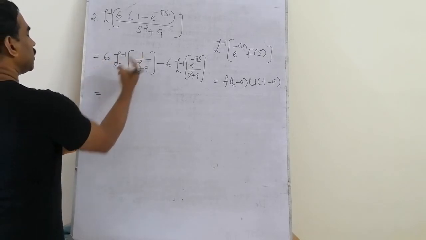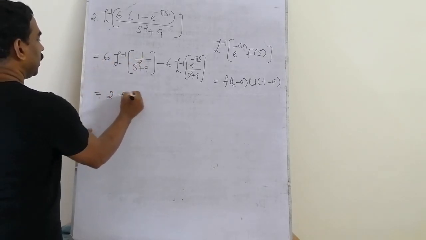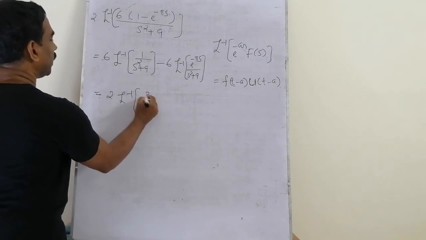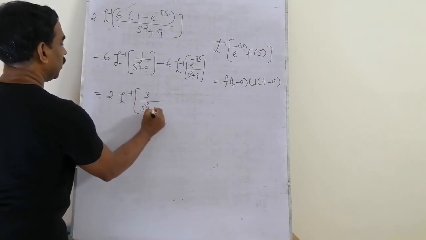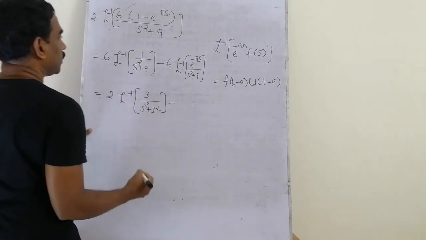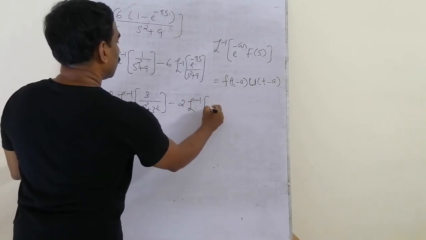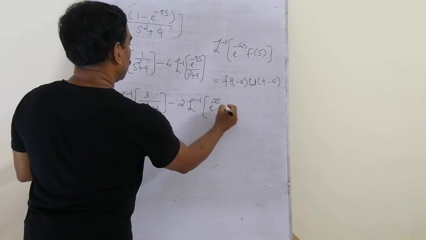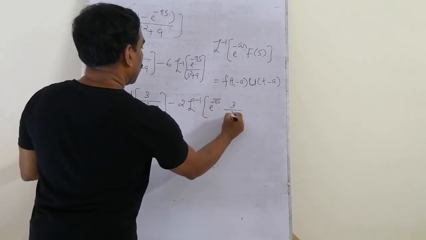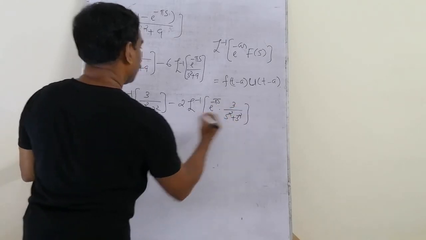If we split this 6 as 2 into 3, then this is 2 into L inverse of 3 divided by s square plus 3 square, minus the second expression, which can be written as 2 into L inverse of e raised to minus 5s into 3 divided by s square plus 3 square.